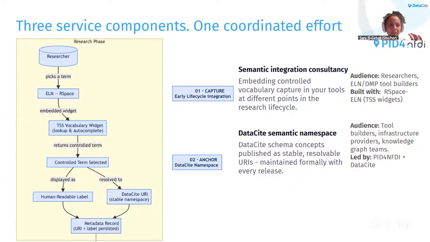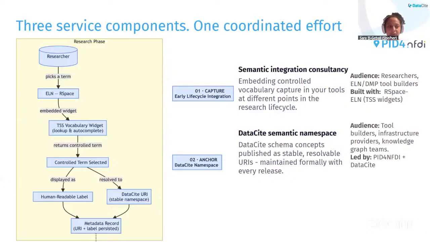So this is not a schema. It does not replace the DataCite schema, for instance, but it's adding a semantic layer on top of that. What the namespace does is give every term in the DataCite schema a permanent, resolvable address on the web.